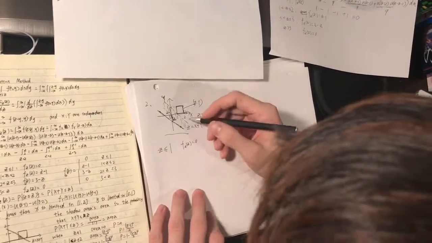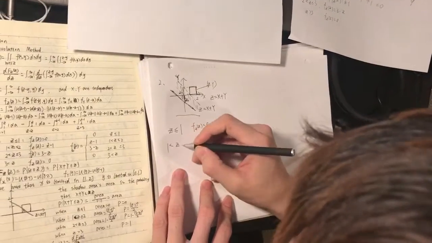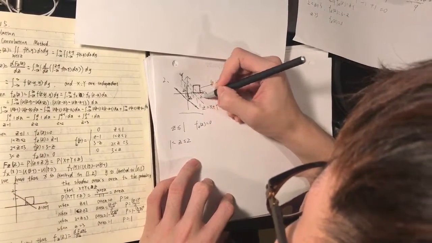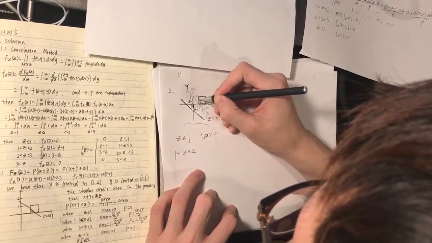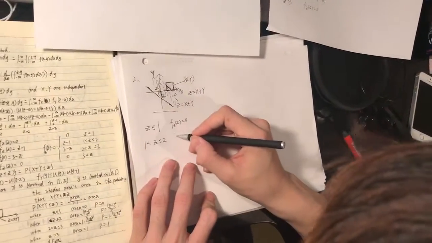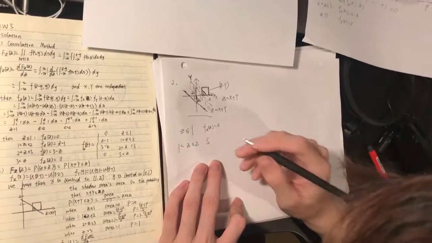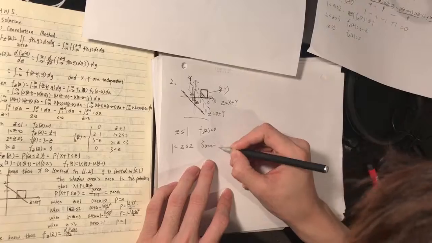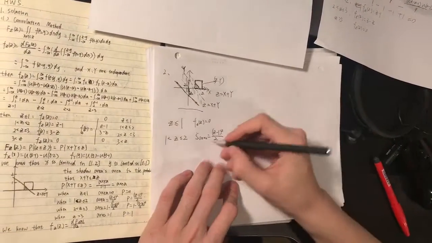And when z is bigger than 1 and smaller than 2, it has an overlapped area, and we can calculate this area.